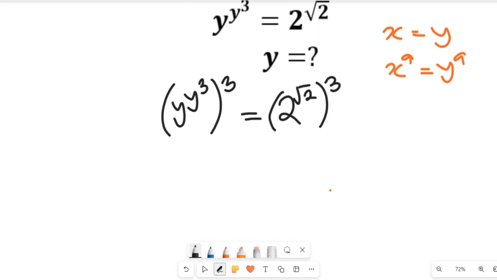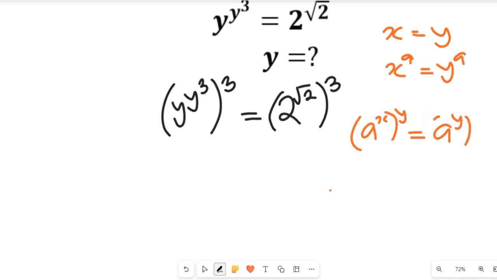Since we've taken the cube of both sides, we now have to draw our attention to a law of indices. If we have a to the power of x multiplied by the exponent value of y, that can be equal to a to the power of y multiplied by the exponent value of x.